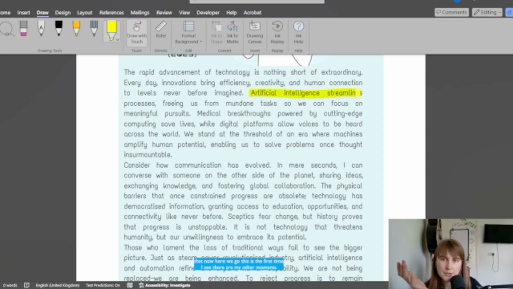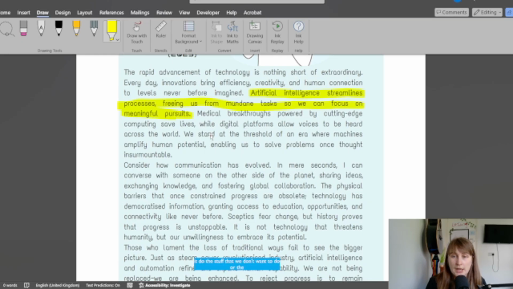So artificial intelligence streamlines processes, freeing us from mundane tasks so we can focus on meaningful pursuits. So what that does is it puts to bed any opinion that artificial intelligence could take over. It's saying actually artificial intelligence is great because we can make it do the stuff that we don't want to do, all the boring stuff, and then we can do things that are more meaningful and more important.